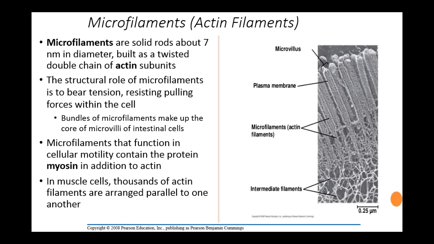Microfilaments, so those actin filaments, they're solid rods. And they are, as I said, for tension, resisting pulling forces. They make up villi, and they make up the microvilli. Microvilli are found on villi in the small intestines, and the actin microfilament functions with the myosin, and you see that they're bold-faced in terms of the design for a muscle cell, and allow for that contraction of the muscle cell.